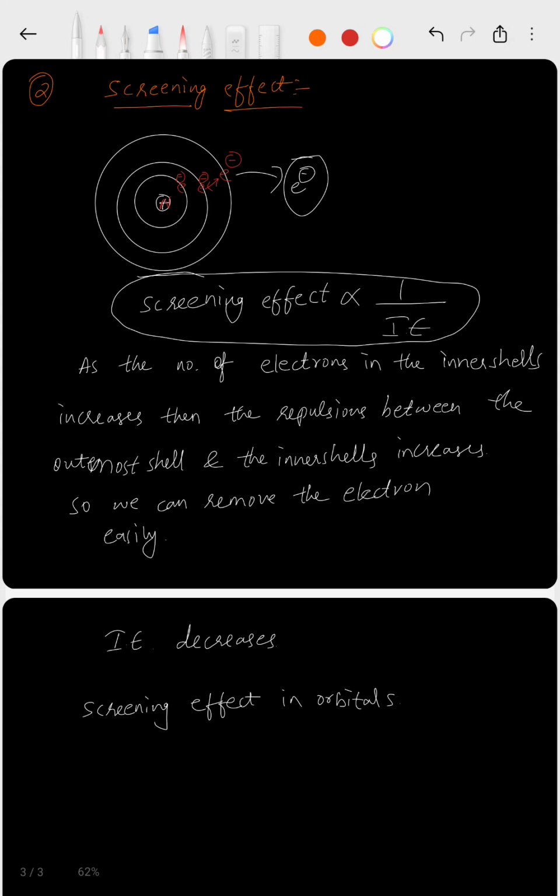Decreasing order is S, P, D, F. Because the s orbital is close to the nucleus, it will have more screening effect, and the attraction force between the s electrons and the nucleus is more. That's why s has more screening effect. Two more factors will be there. Those two factors and some examples we'll discuss in the next class.